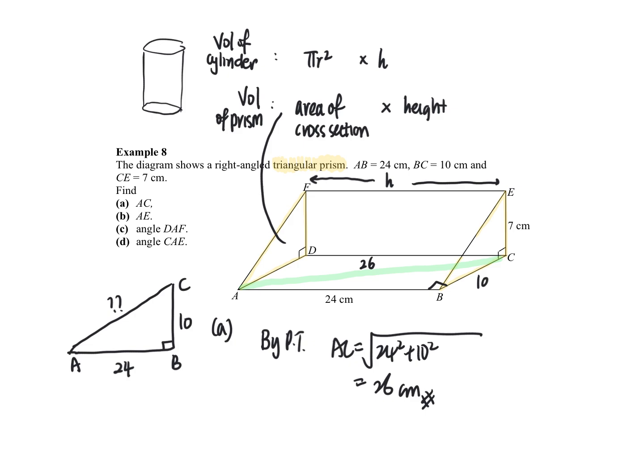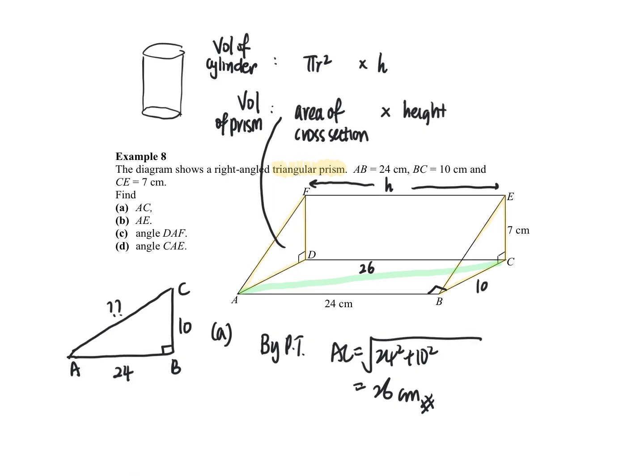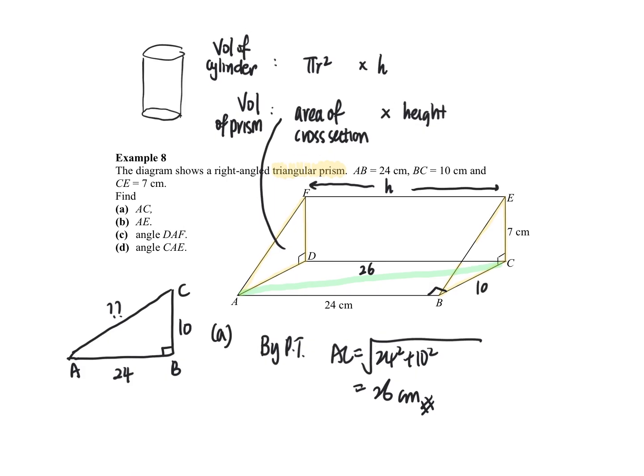Then next, I want to find AE. So I want you all to see this triangle that I have here. I'm going to draw the triangle that they want. Let me use red color. This is the triangle they want me to draw.